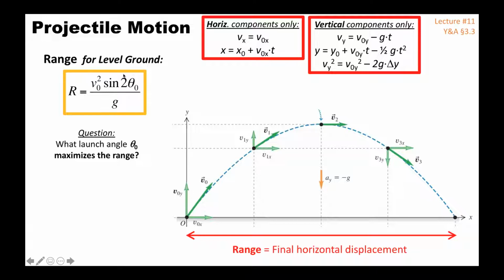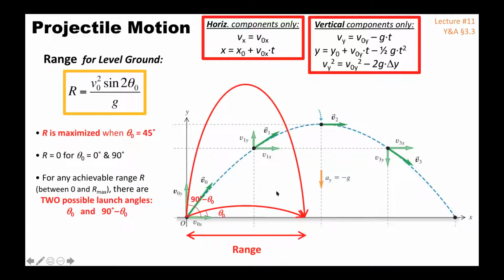When this is 90 degrees in the argument that we're using for sine, then that means theta naught must be 45 degrees. So 45 times 2 will be 90. So it turns out that to maximize the range, if this cartoon were to show the maximum range, then the launch angle right here of the blue dashed path would be 45 degrees. That's something that I recommend you just memorize. It's a really, really handy result.